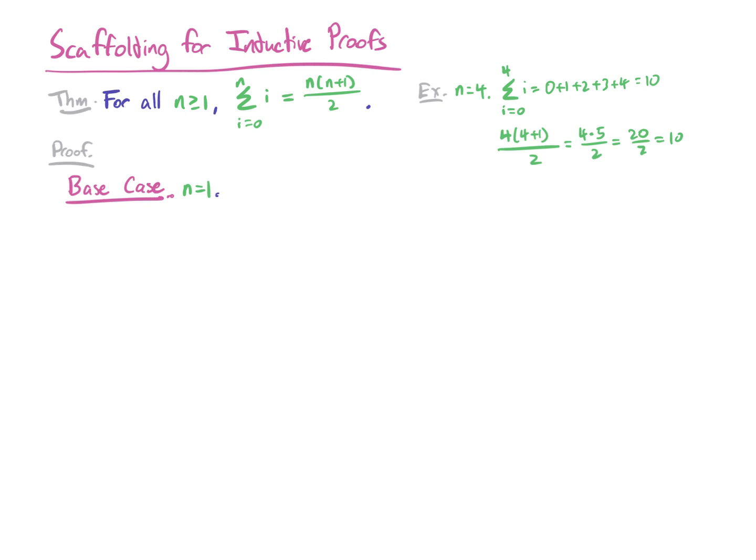Next, for my scaffolding, I want to figure out what I need to prove. I know that n equals 1, and that means we need to show that P of 1, the current value of n, is true.